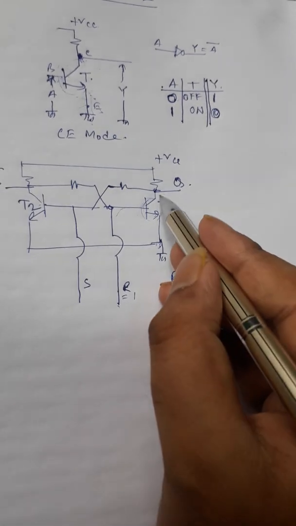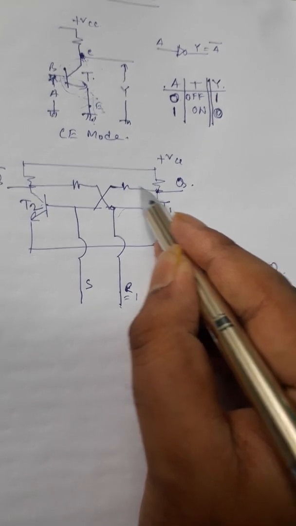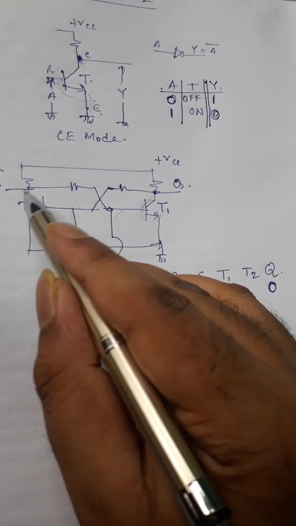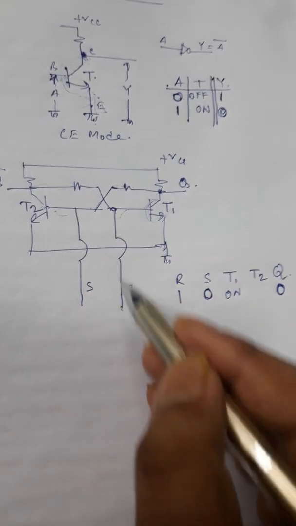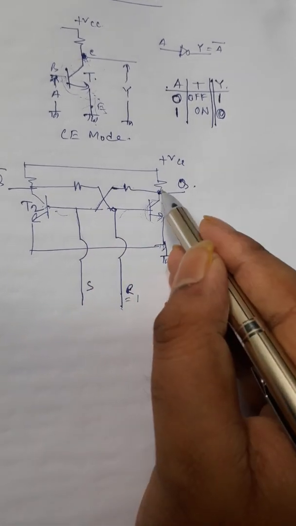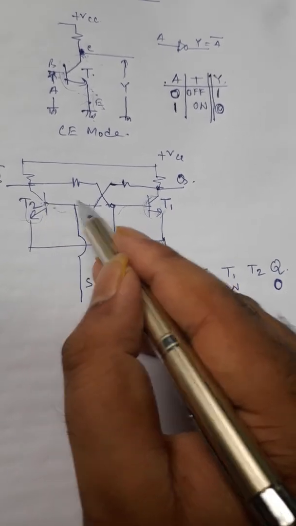Now see, as T1 is turned on and the potential of this point is 0, the same point is giving input to T2, isn't it? So T2 will remain what? It is getting 0, and also S is 0. So as S is 0 and this voltage is also 0, T2 actually is getting nothing.